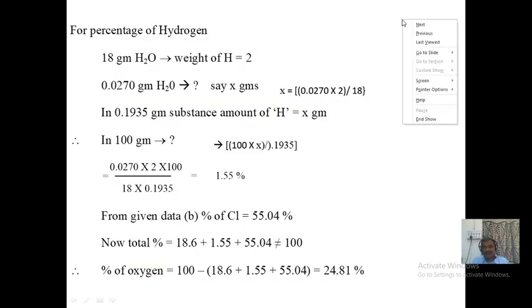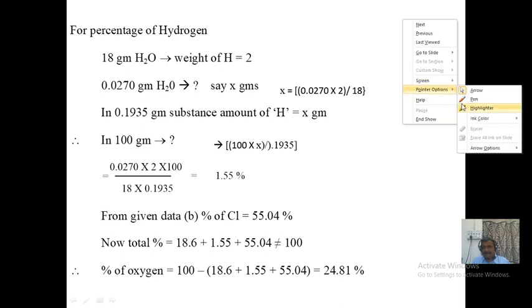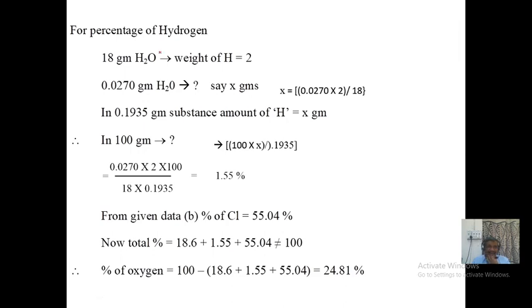See, 18 grams is the molecular weight of water, isn't it? There are 2 hydrogen. So, in that case the weight of hydrogen will be 2 grams, but water produced in the result of laboratory A, as we have seen in the previous slide, is 0.0270 gram.